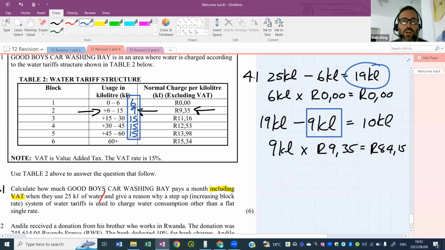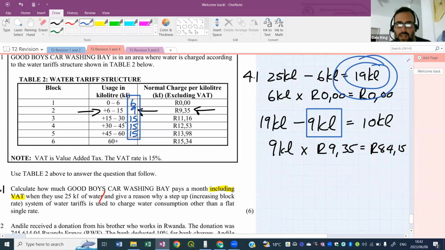How do I know if I'm using all the water in block 2 or only part of the way into block 2? You don't know unless you know how much water is in block 2. So this is why I say write these totals out, and then I can compare my 19 kiloliters here and look at block 2 and say, oh, there's only 9 kiloliters in there. So I've got more than enough. So I'm going to use the whole 9.